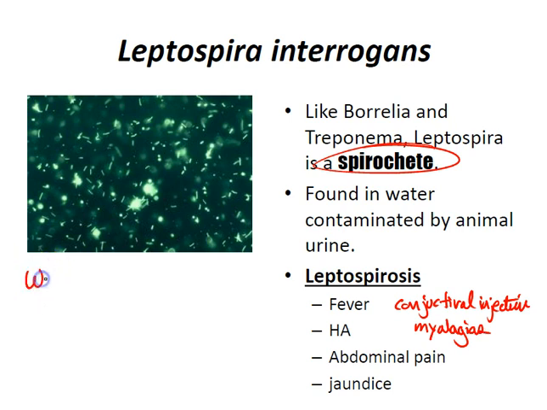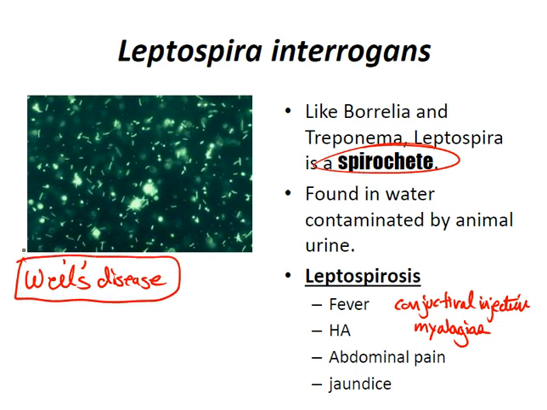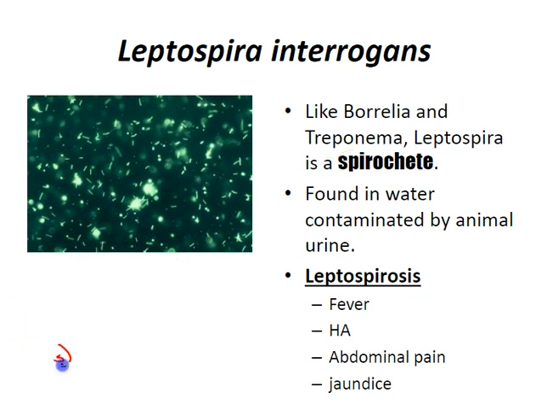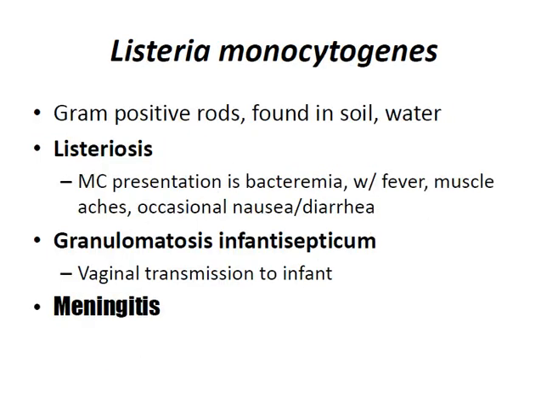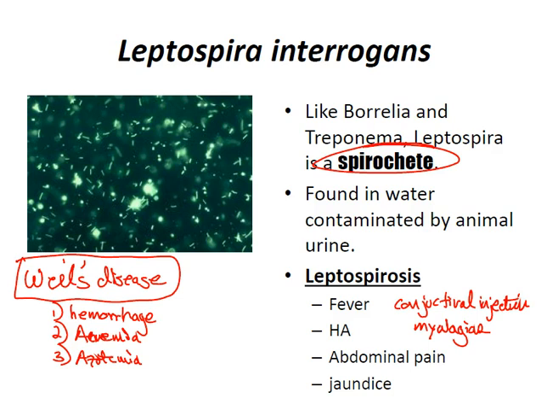Now, Weil's disease is a more severe form of leptospirosis that includes hemorrhage, anemia, and azotemia, in addition to the headache, fever, abdominal pain, and jaundice that characterize leptospirosis.